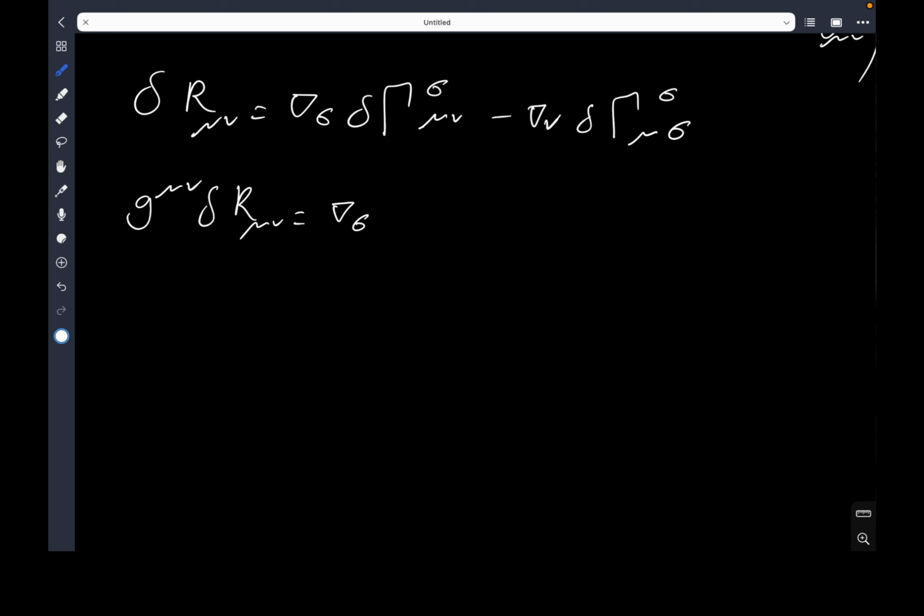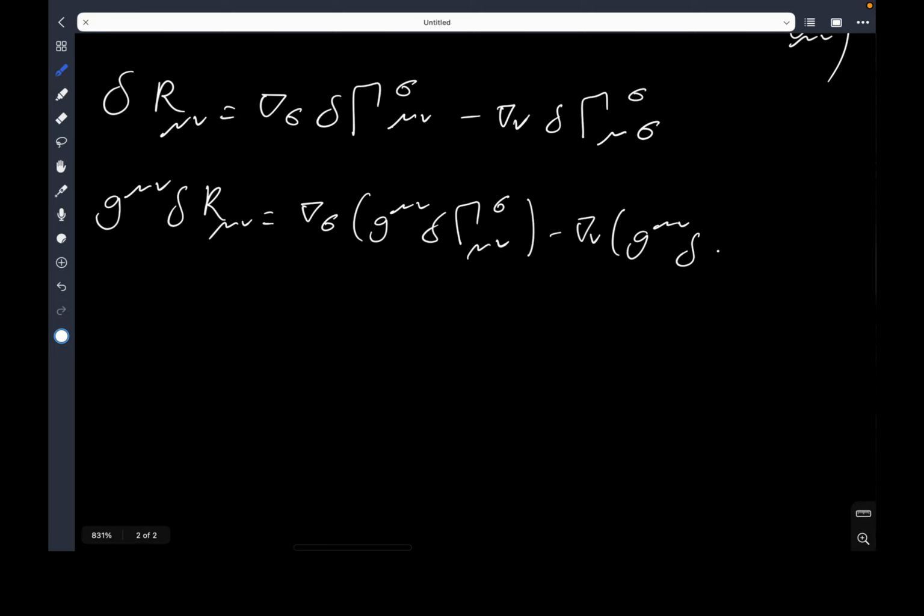The covariant derivative sigma of g mu nu delta Christoffel symbol sigma mu nu, minus the covariant derivative nu of g mu nu delta Christoffel symbol sigma mu sigma.